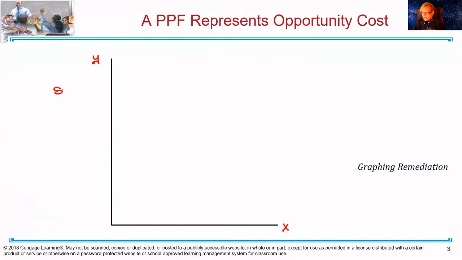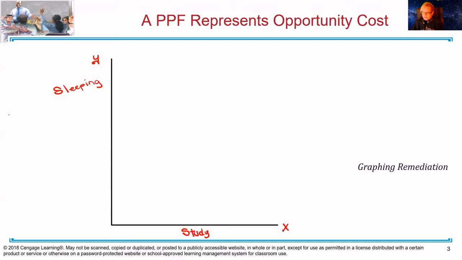So maybe it's sleeping. Today it's a rainy day, so maybe sleeping. And down here, I'm going to put studying because that's what you're doing, okay? So in this case, the opportunity cost of studying is some amount of sleeping. The opportunity cost of sleeping is some amount of studying, but you can't do both at the same time.